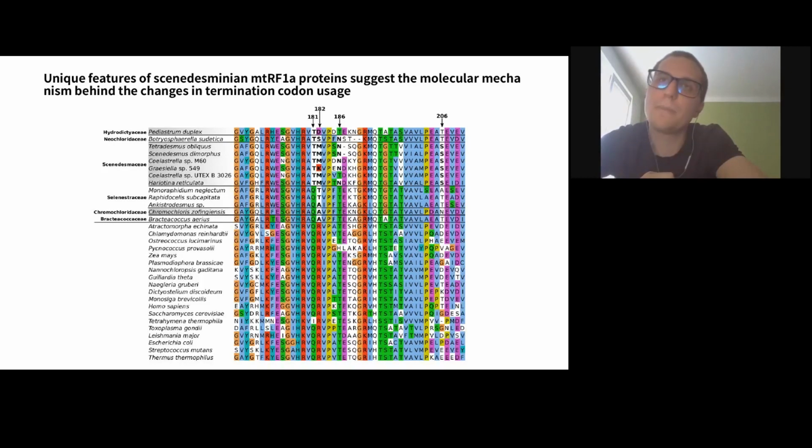And what we found is that in position 182, all organisms across the tree of life are using arginine in this position. But in the case of Sphaeropleales, they are not using arginine there. So we suggest that this different amino acid than arginine in this position is probably responsible for the ability of release factor 1 in Sphaeropleales to recognize cytosine in the second position of a stop codon.